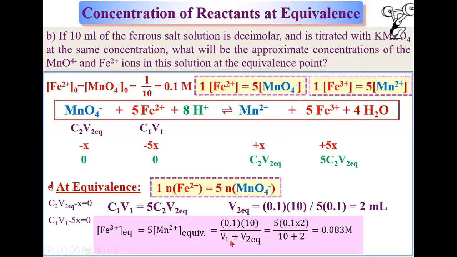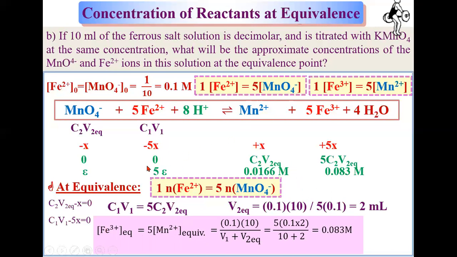So this is C1V1 divided by total volume, which is V1 plus V2 at equivalence, equals 5 times C2V2 divided by total volume. Do the substitution, and you get that iron 3+ is going to be equal to 0.083 molar, and divide that by 5, you get the concentration of the Mn2+.